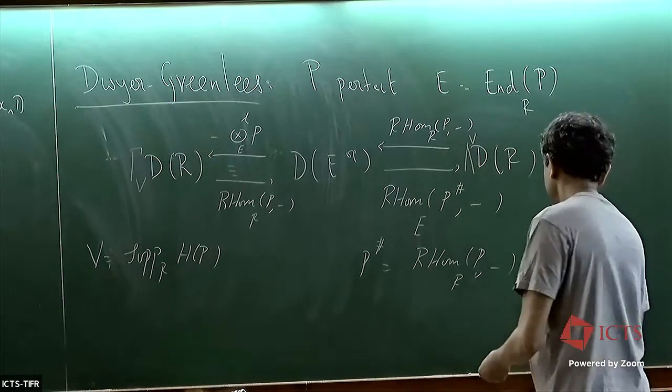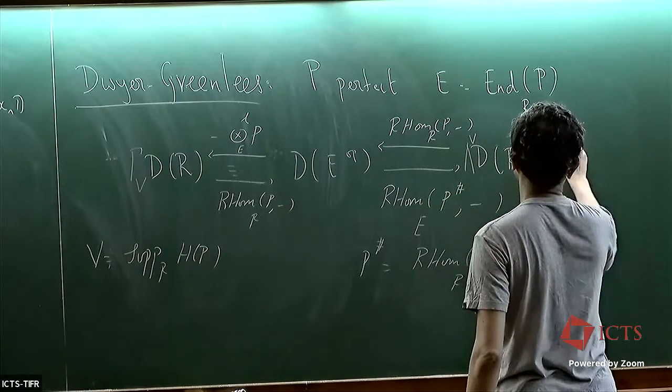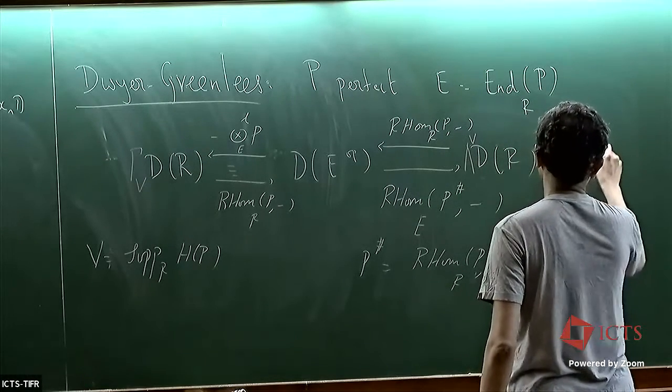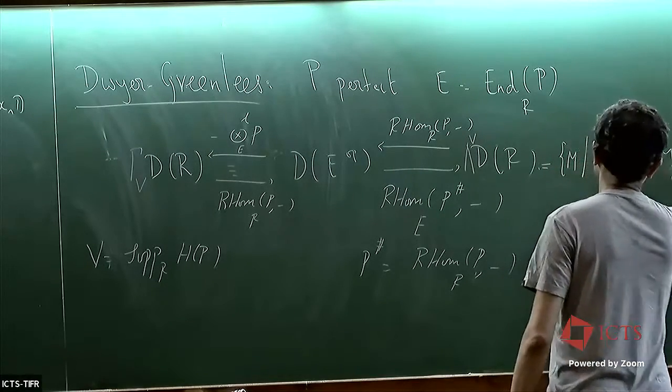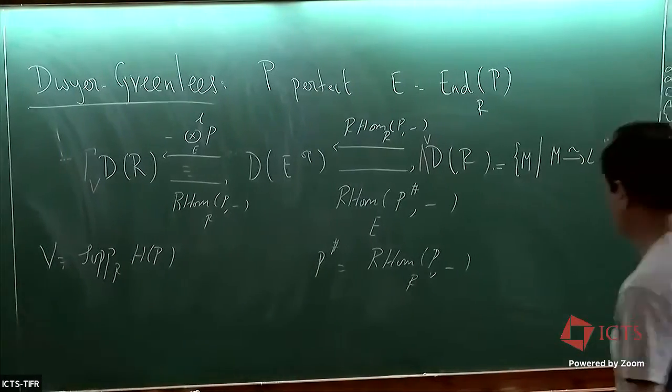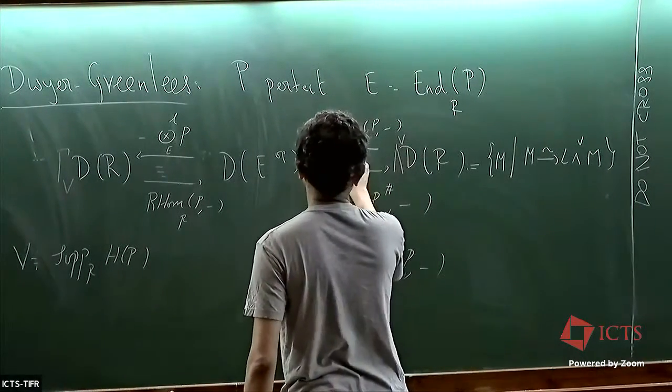This is just looking at complexes M such that the natural map from M to its completion is an equivalence. So it's the things that are complete along V. You get an equivalence like so.